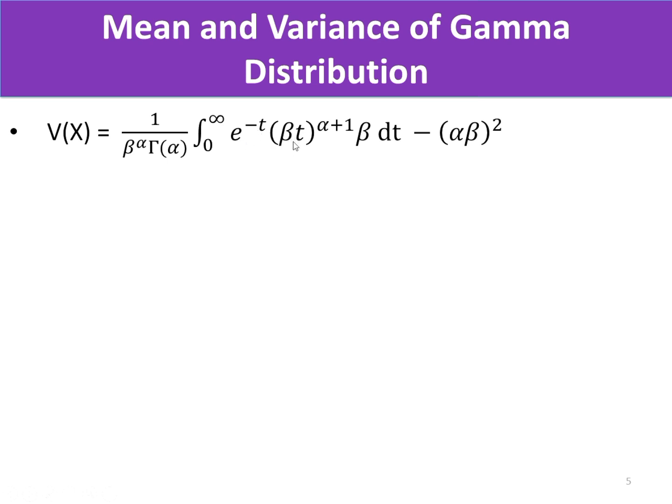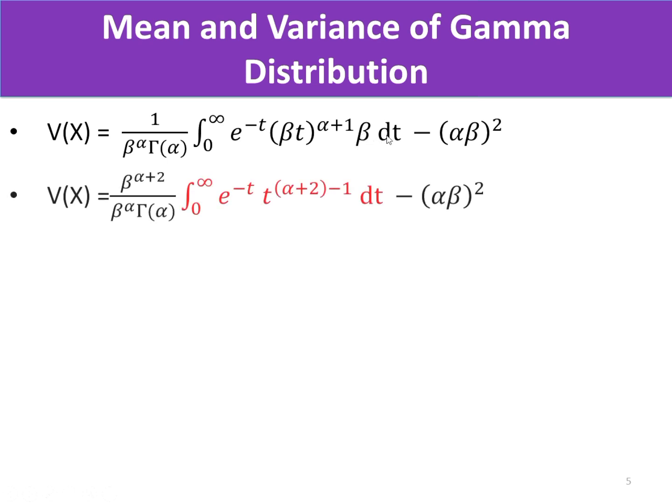Substituting the value of x equal to beta t to the power alpha plus 1, and the derivative dx equal to beta times dt. On simplification, and after taking the constant term out of the integration, the integration becomes e to the power minus t, t to the power alpha plus 2 minus 1.